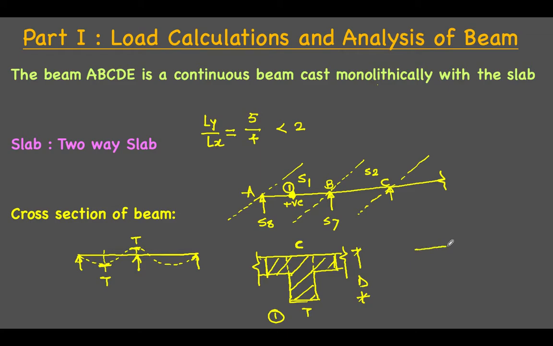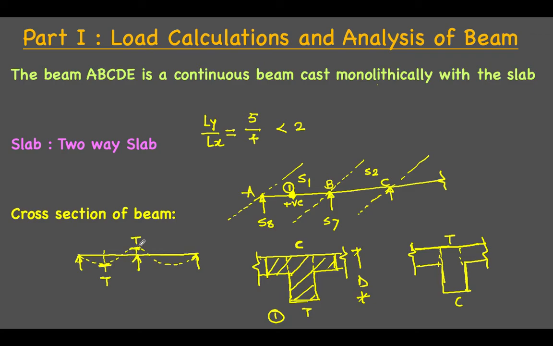So this is the slab we are having, and I'll again show a slab and again a portion of web, that is the beam, right? But in this case what is happening? Over support there is a hogging. Hogging means this beam is having tension at top and compression at bottom.